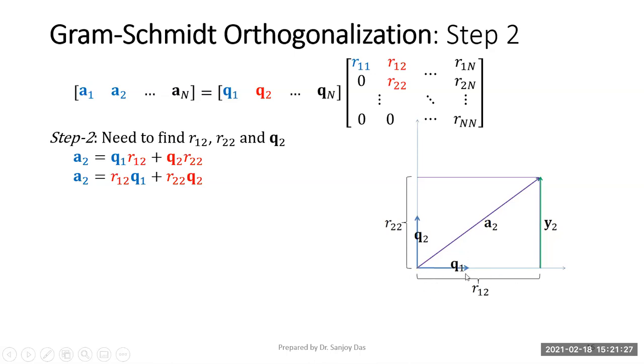This length here, since this is a unit vector, is A2. This length is R12. If I take this projection of A2 along Q1, this length is R12. And the projection of A2 along Q2, which is unknown, is R22. But Q1 is known, right?